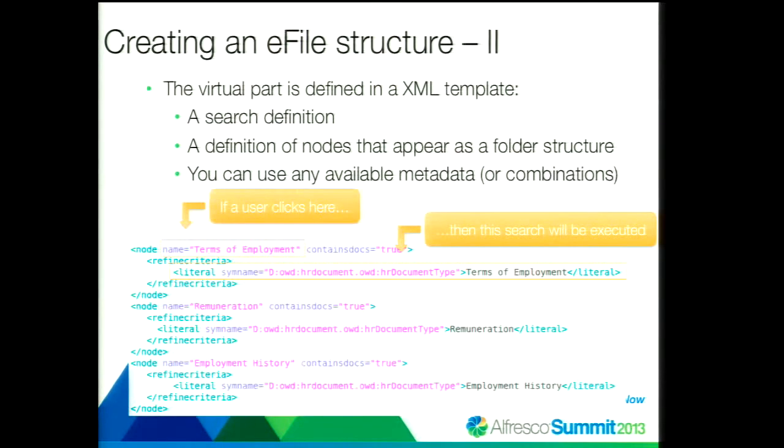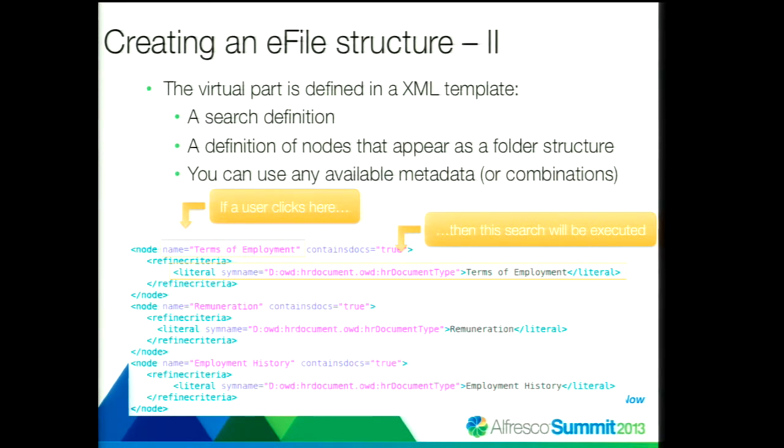And the XML template looks like this. You have a node, and below that node, you have the search criteria definition. So when a user clicks on the node with the display name terms of employment, a search will be executed, and it returns all the documents where the metadata document type has the value terms of employment.